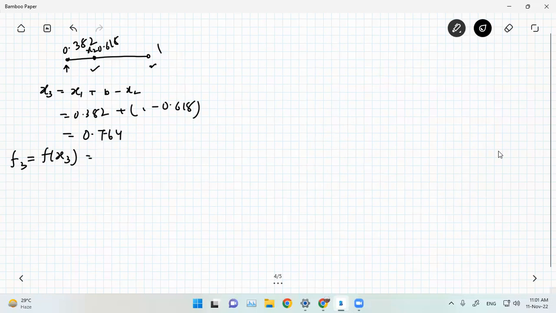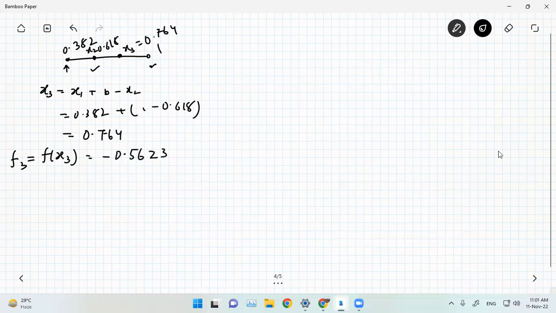Already the f2 value is known. And your x3 is somewhere here with 0.764. If you calculate the value, it will be around minus 0.5623.